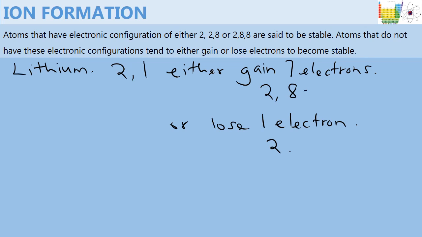Both of these are stable. But as we said, losing and gaining electrons requires energy. So lithium requires less energy to lose 1 electron than to gain 7. Therefore, lithium usually loses 1 electron than gain 7.